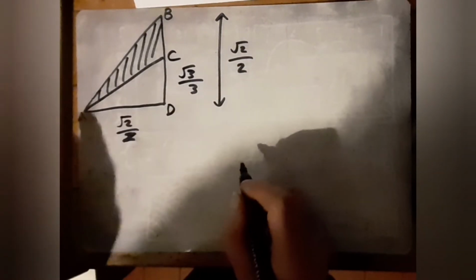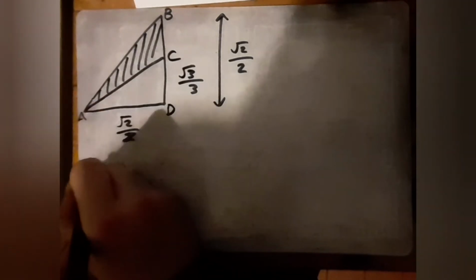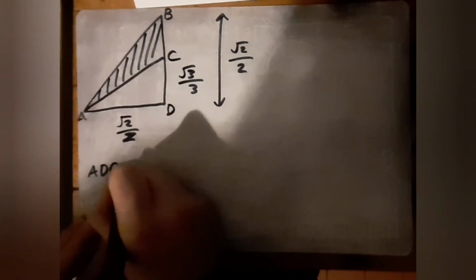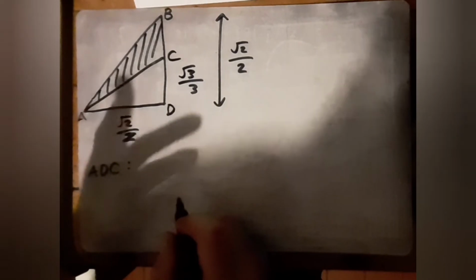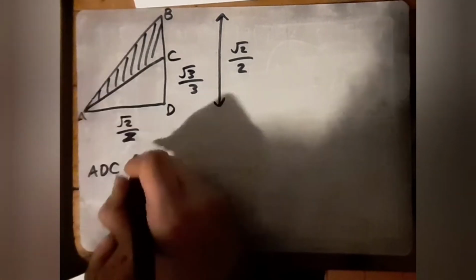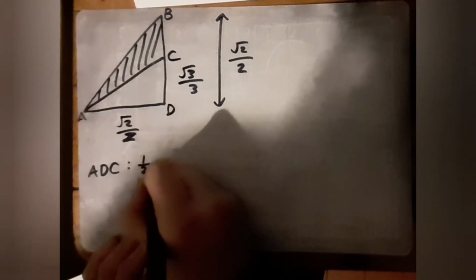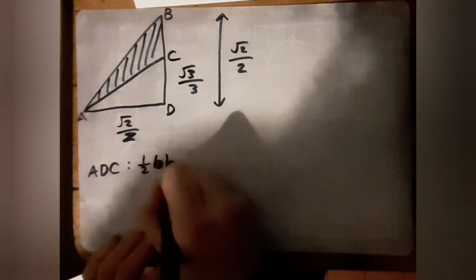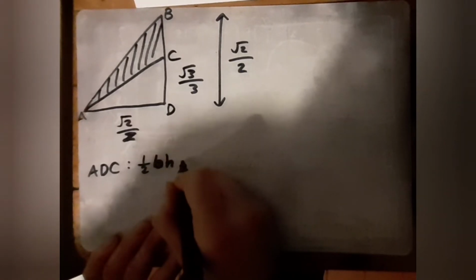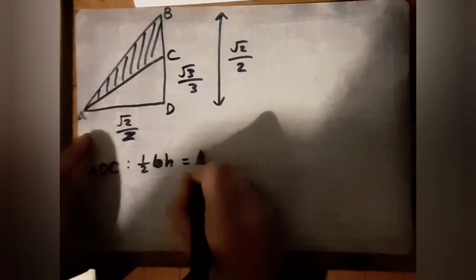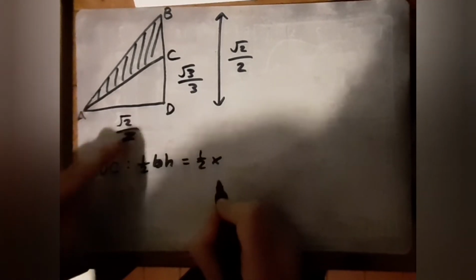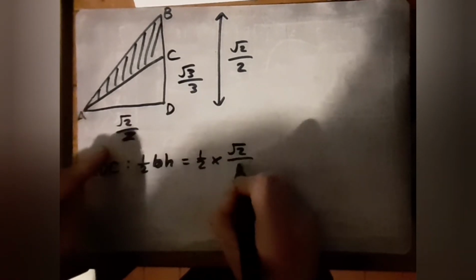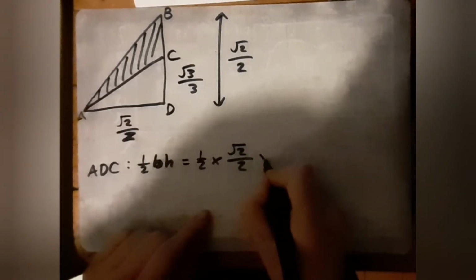So I'm going to start by working out ADC, which is essentially just, if you know the formula for a triangle, half base times height. We can just say that it's half times √2 over 2 times √3 over 3.